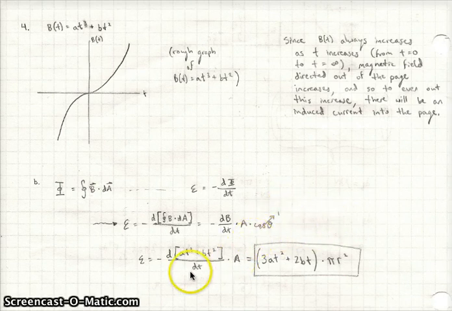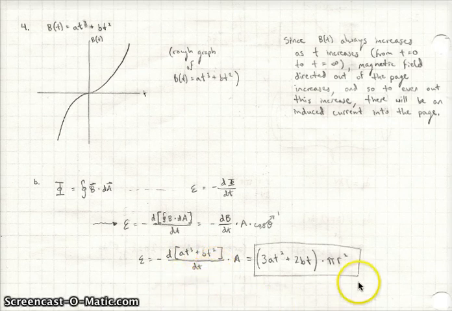After some more simplification and substitution, substituting the original equation that we were given for the magnetic field into the dB, we can say that the EMF equals negative the derivative of at cubed plus bt squared over dt, times the area.